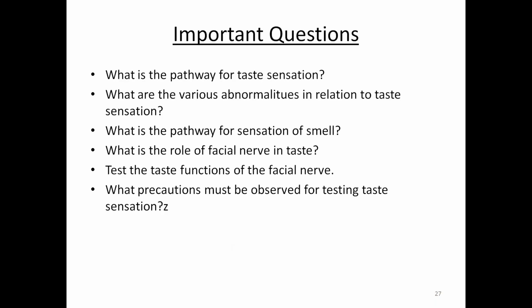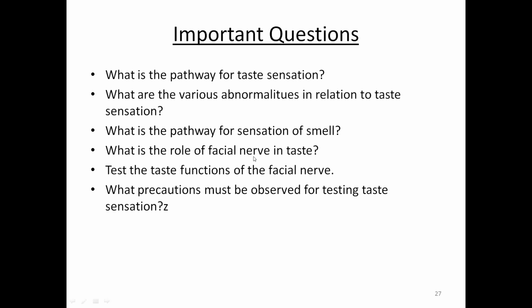Then just to highlight some important questions which may be asked both with regards to your theory and viva. The pathway for taste sensation, then abnormalities in relation to taste sensation. This is pathway for sensation of smell, no, this will come when you study sensation of smell.